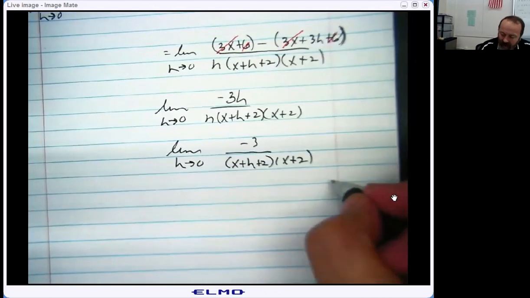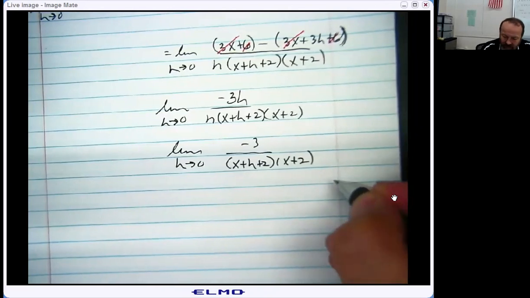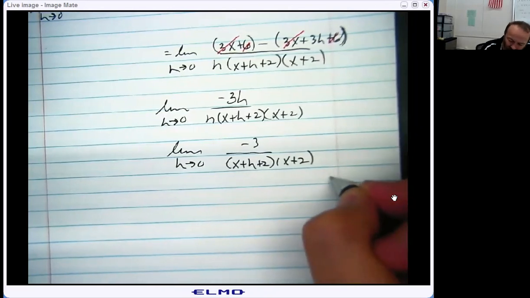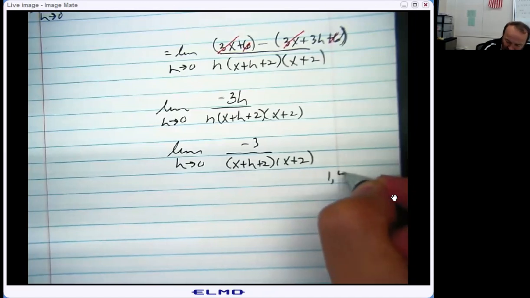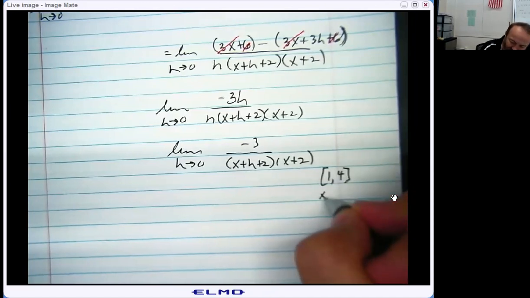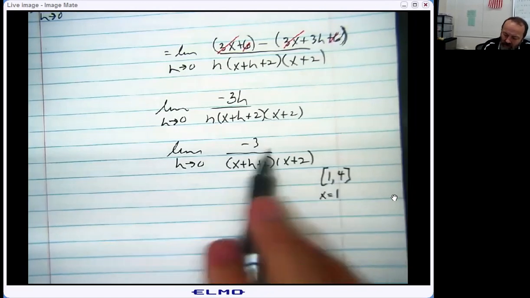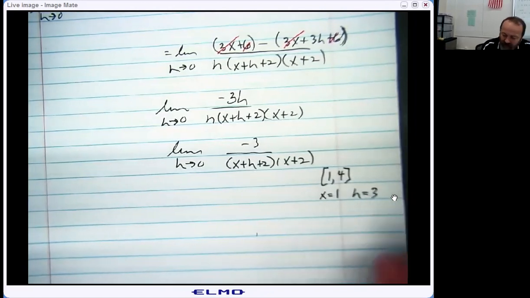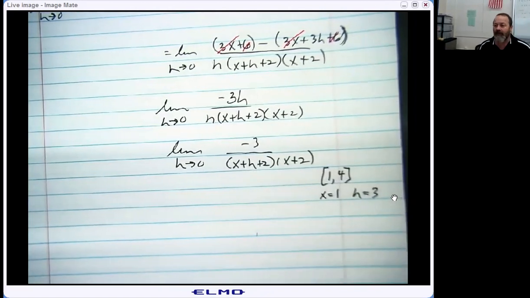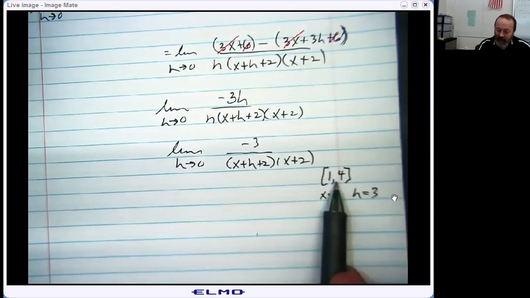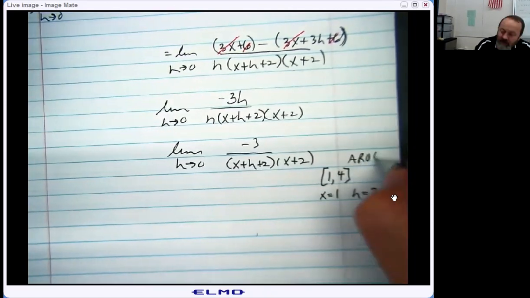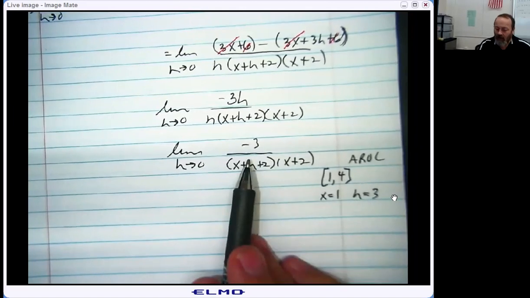So if somebody said, hey, you know what? I would like to know the slope of this graph from 1 to 4. Well, then all I would have to do is plug in x equals 1 into this story, and I would plug h is 3 into this story, and I could actually find the slope, even in an average rate of change story, with this particular equation.